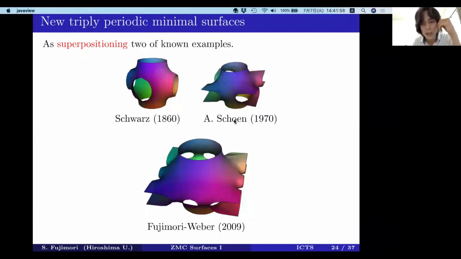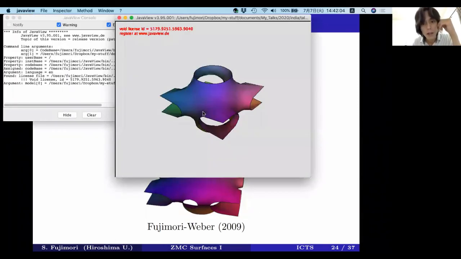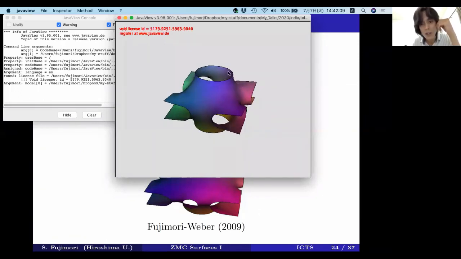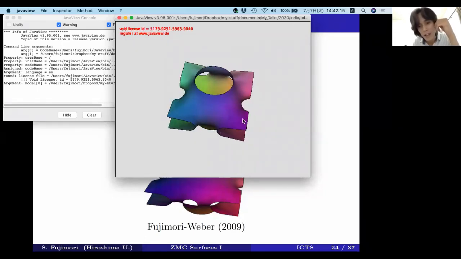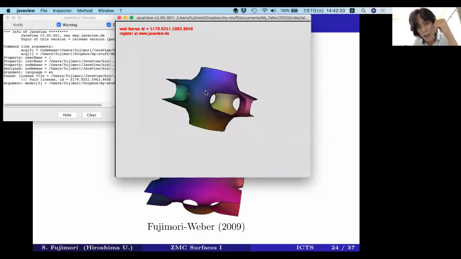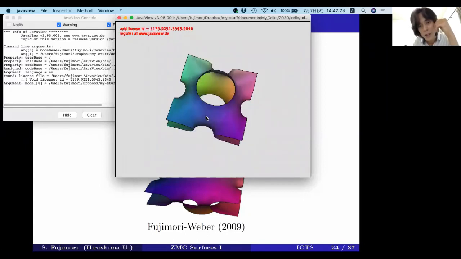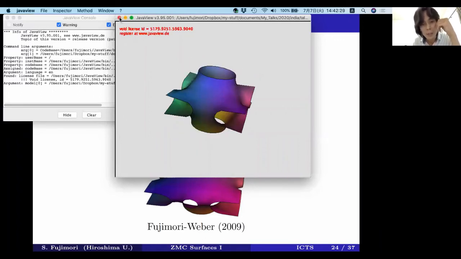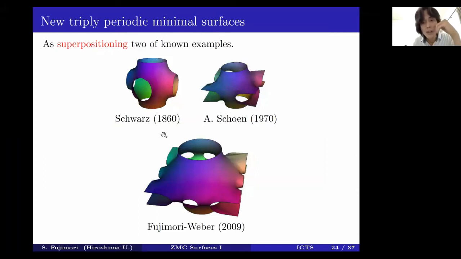So this surface, okay. So top and bottom are circles as well, but there are no holes in front, rear, or right and left. But instead, there are 4 spouts at the corners. But in this way, we also have a triple periodic minimal surface. So I'd like to add spouts here or make handles here.